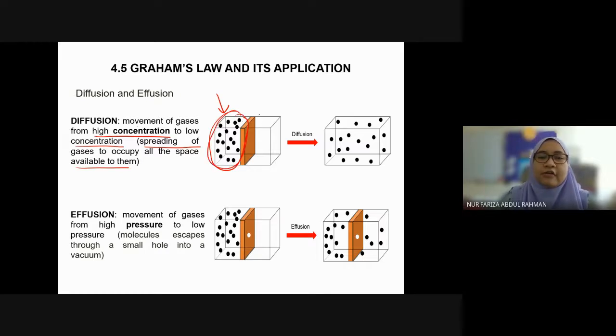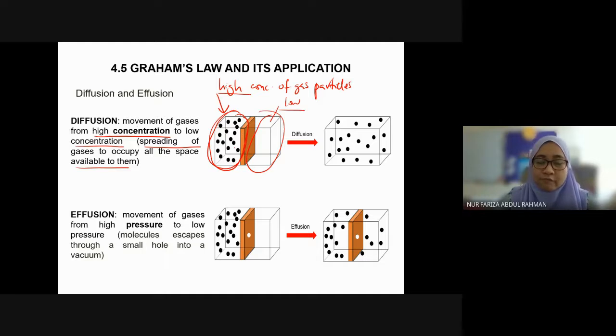On the other hand, this side we leave it empty, and we have a divider to separate these two spaces. So this side has a high concentration of gas particles, and this side is low, or in this case none at all, it's a vacuum, no gas particles at all. Just to highlight, from high to low.